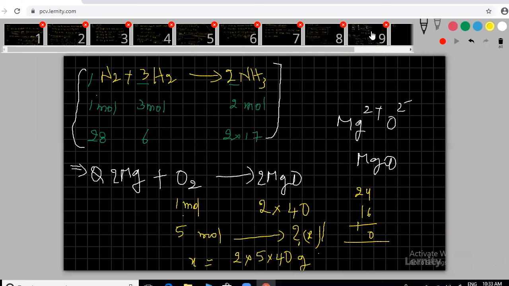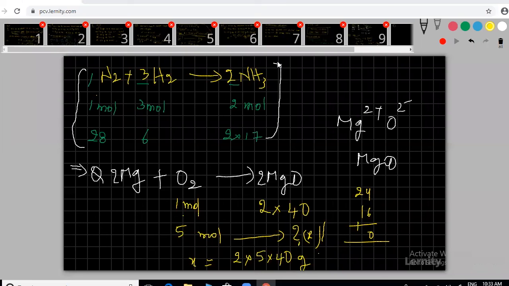Let me see if anything is wrong or if you are getting it correct. If you also get the correct answer, then my answer is also correct. If you are not getting it, let me know. We'll try again one more time. So 400.